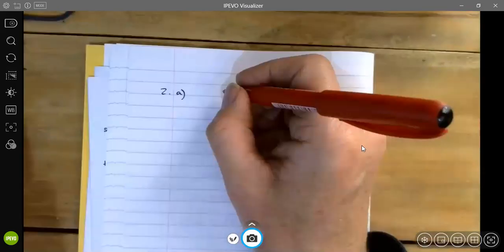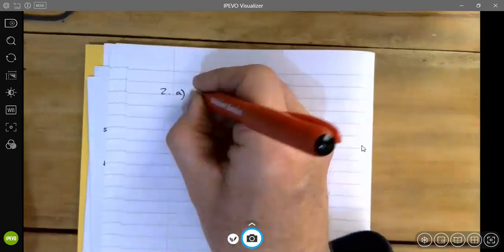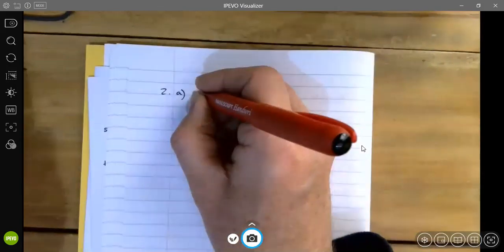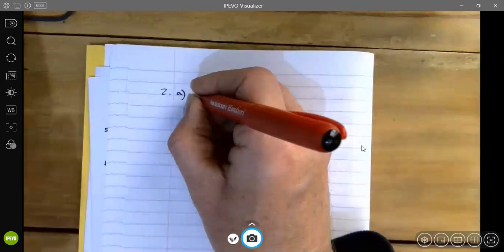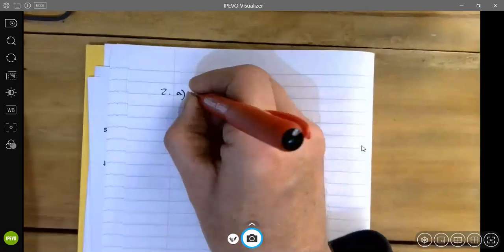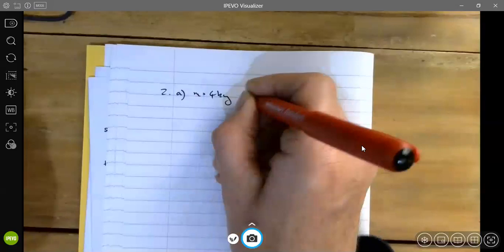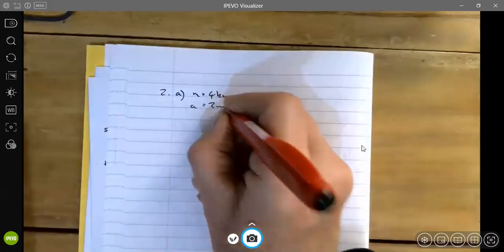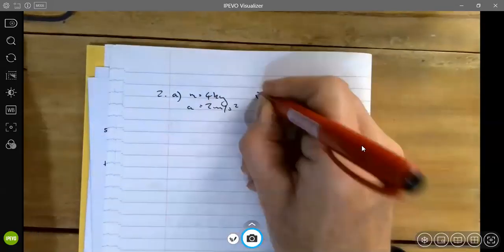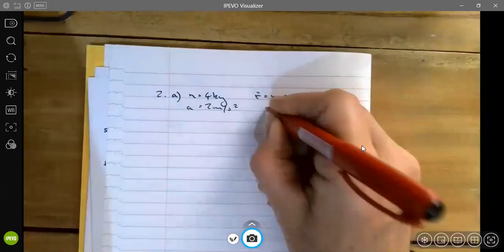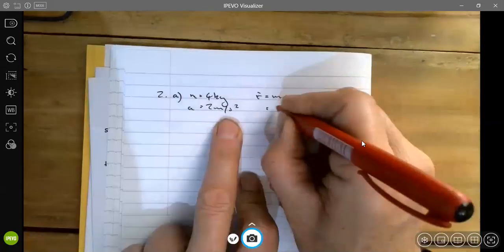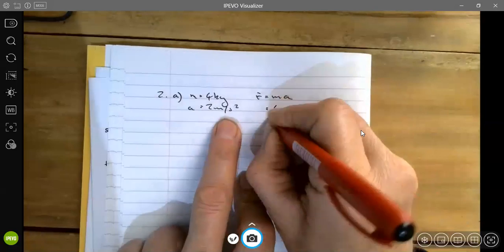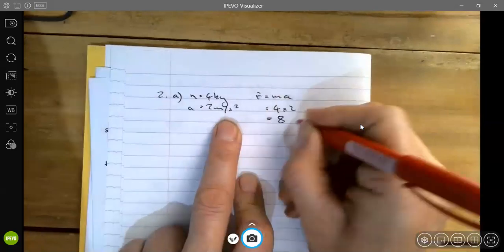It says to work out the force, so you box force, and then you underline, in the case of question A, 4 kilograms. So mass is equal to 4 kilograms. Acceleration a is equal to 2 meters per second squared. Write down your formula. Insert your numbers. 4 times 2 is equal to 8. Now, force is measured in newtons, so it's 8 newtons.